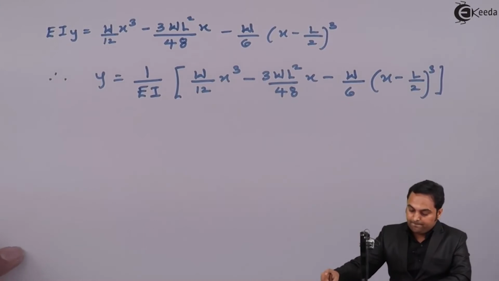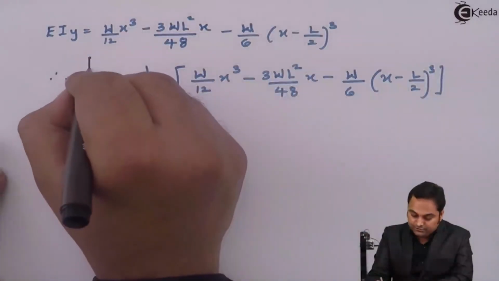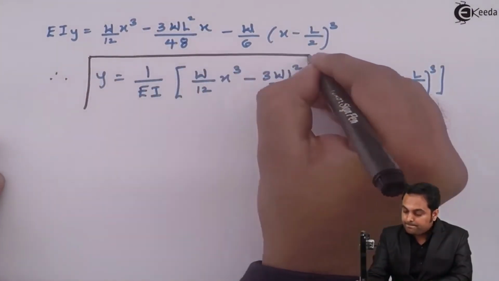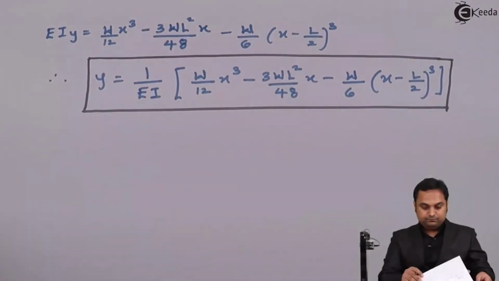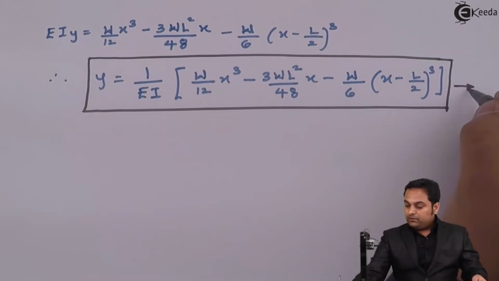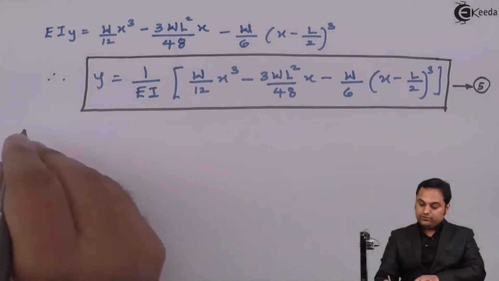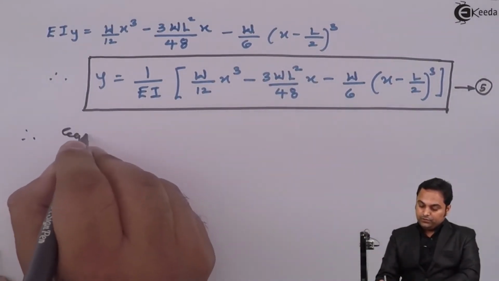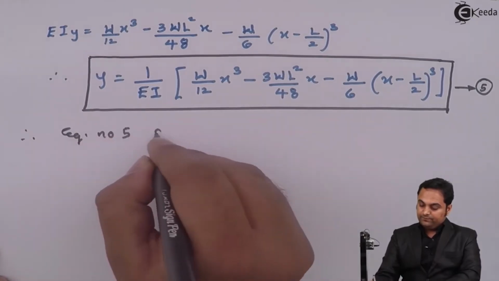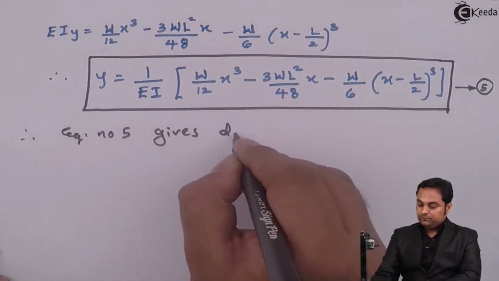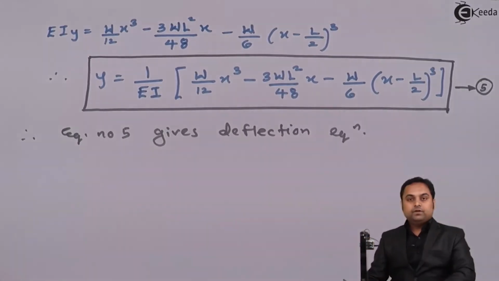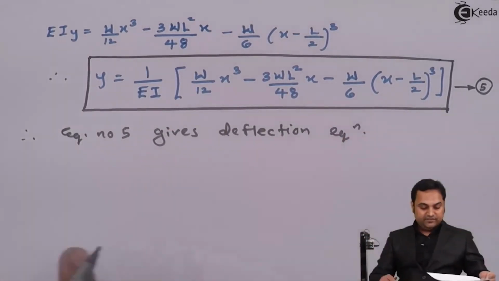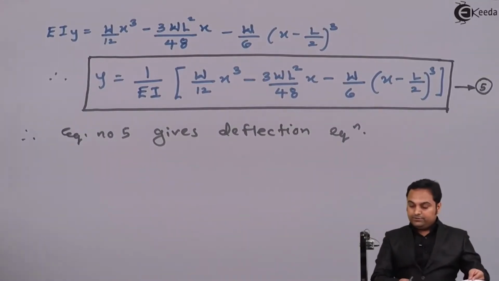So this is the other equation. This will be equation number 5. So therefore equation number 5 gives the deflection equation, and with the help of that we can find deflection at any given point.